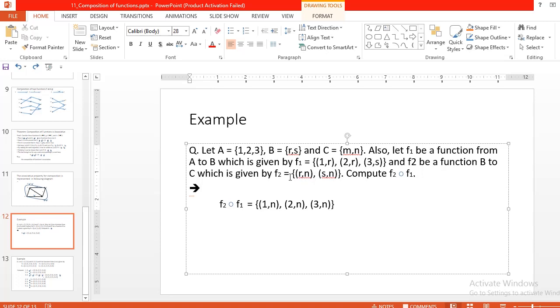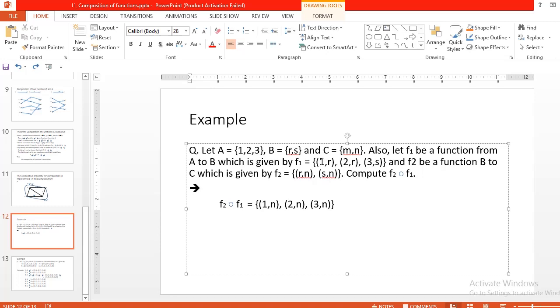Then by deleting that common element, we take 1 and n as our result, which is the domain of f1 and the range of f2. So we get the first pair of our composition function.